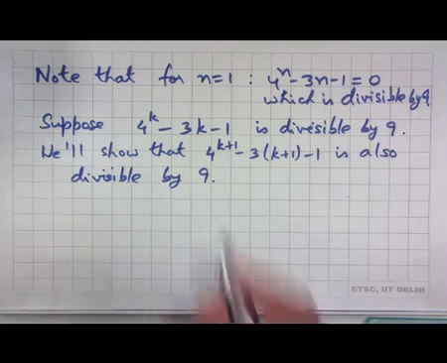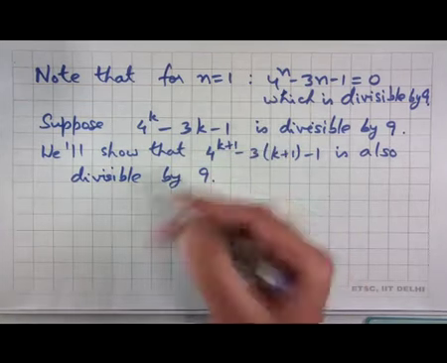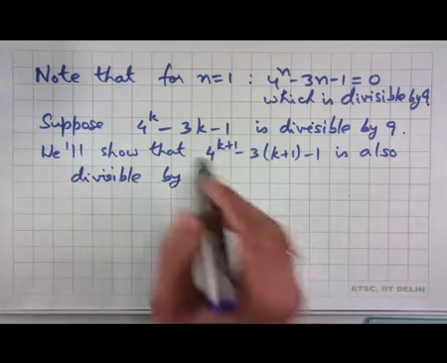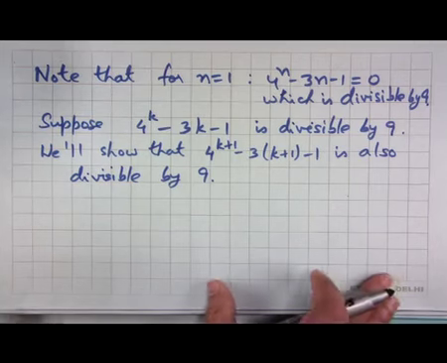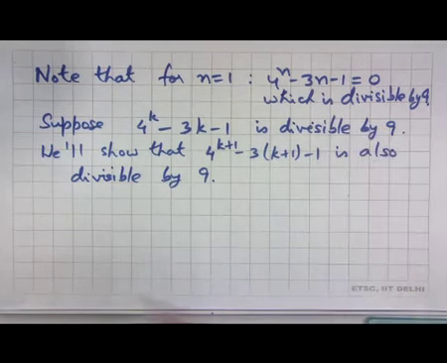Then we know that for n equal to 1 this is true. So, this will imply that it is true for n equal to 2, and then if it is true for n equal to 2, it will be true for n equal to 3. Hence, by induction it will be true for all n.